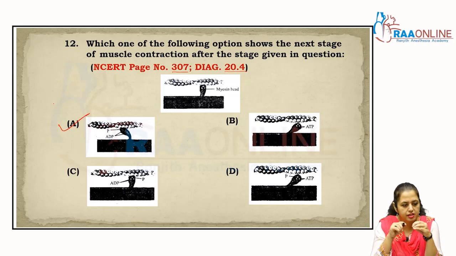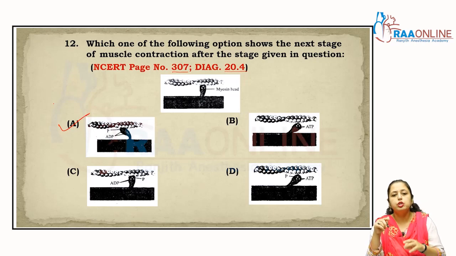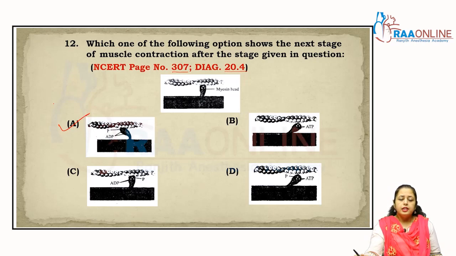After calcium ions enter from the sarcoplasmic reticulum terminal cisternae into the sarcoplasm, calcium is bound with the troponin, which is the regulatory protein, a complex protein and a combination of three regulatory proteins, that is troponin A, B and C, clear?